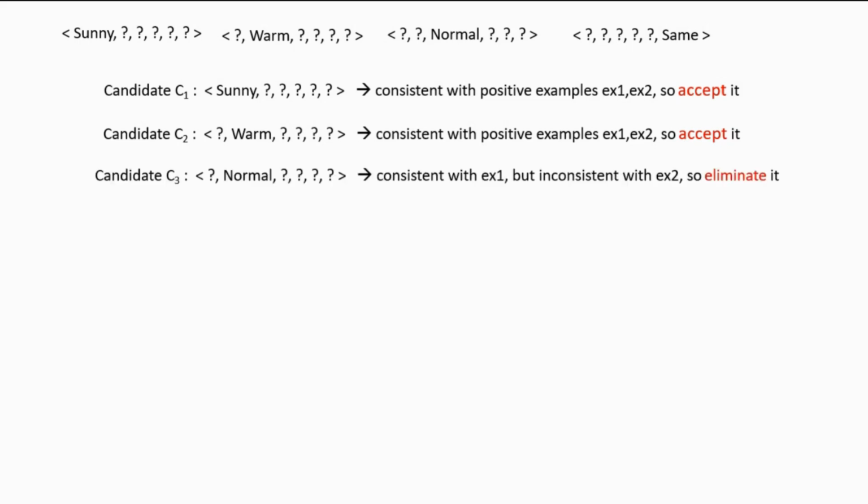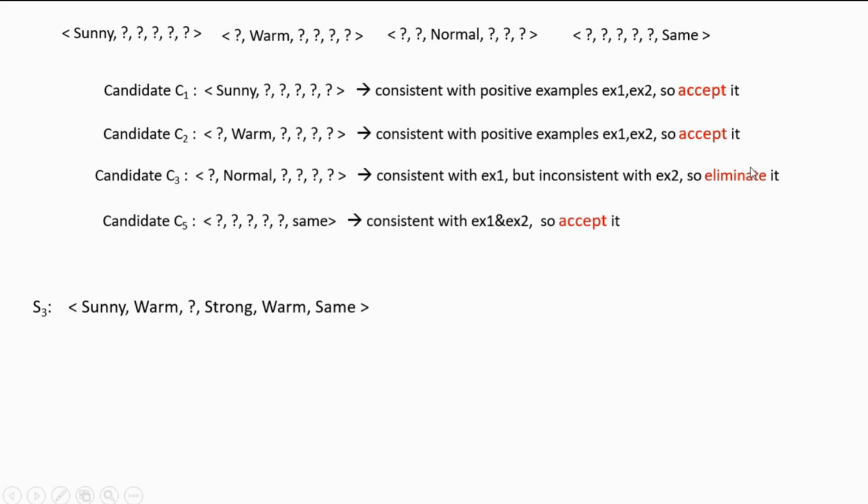The third one is consistent with example 1, but not with example 2, because in example 2, in place of normal, there is warm, right? So it is not consistent with example 2, so eliminate it. And the next candidate, C4, is consistent with both examples EX1 and EX2, so accept it. So only one candidate is eliminated and three are accepted. S3 we have already formulated. Now G3 will be the space consisting of three hypotheses, right?